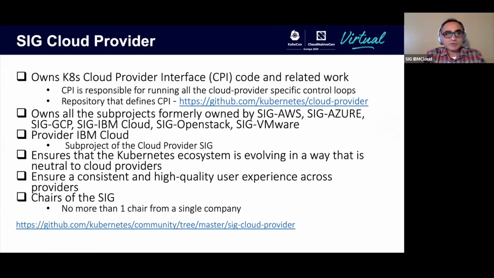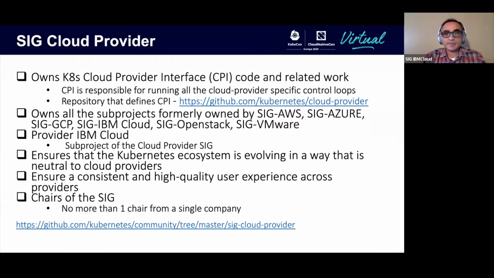All right, so the Cloud Provider Special Interest Group is one of the SIGs in Kubernetes, and it does a lot of things actually. It owns the code around the Cloud Provider interface and all the related work. As you may already know, there are specific controllers that come with Kubernetes to enable Kubernetes functionalities when you deploy on a particular cloud.